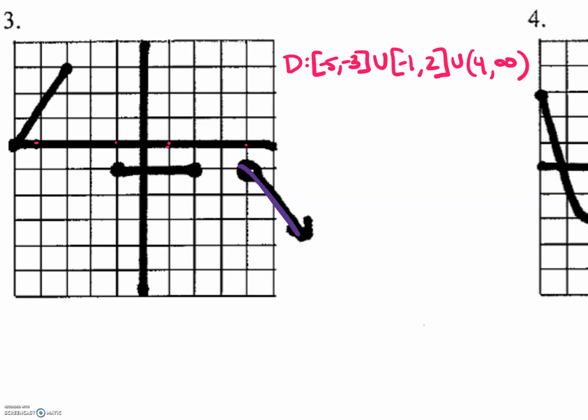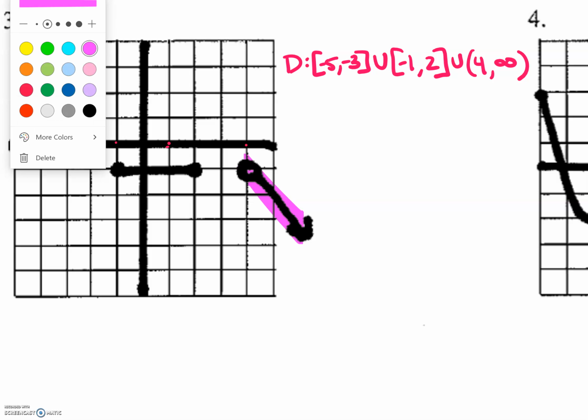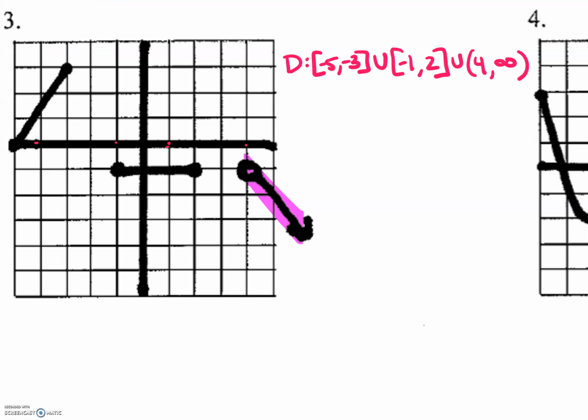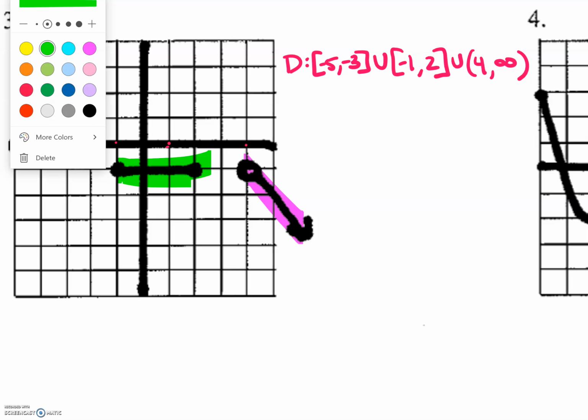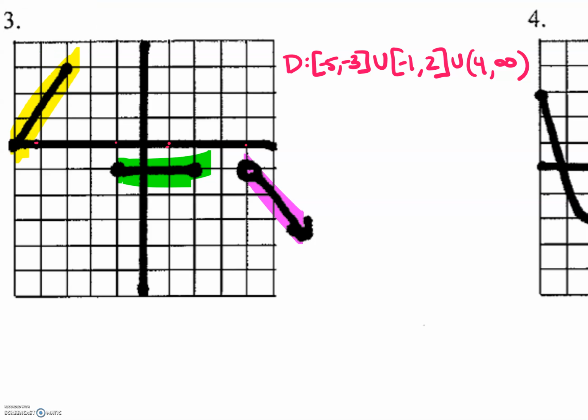Alright, so now let's take a look at my range. So again, if I color coordinate again, alright, so what piece is the lowest? Well, the lowest is this pink piece, and the lowest part is that arrow.